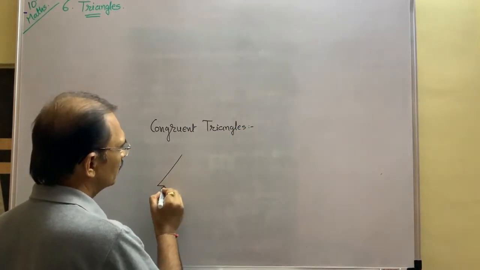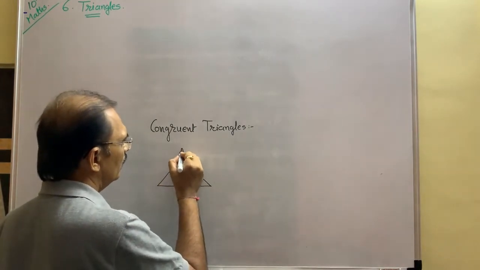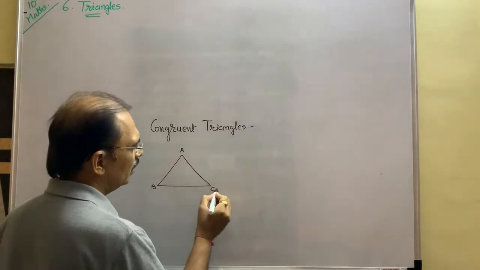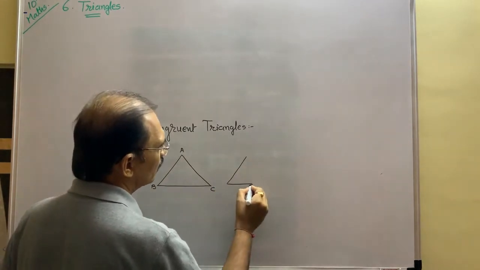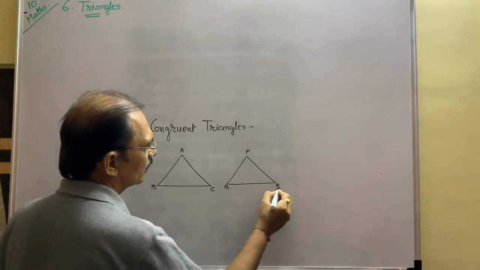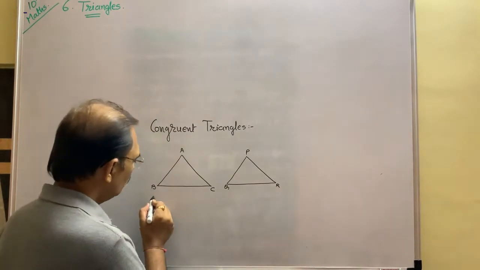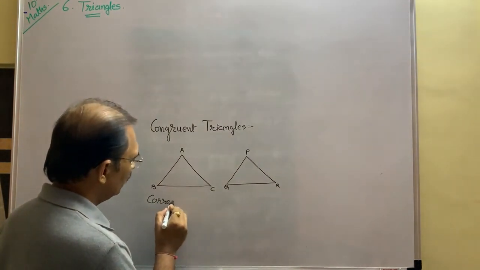Suppose two triangles are there. Triangle ABC, and take another triangle PQR. Okay, the language is just like this. Correspondence between two triangles is given.